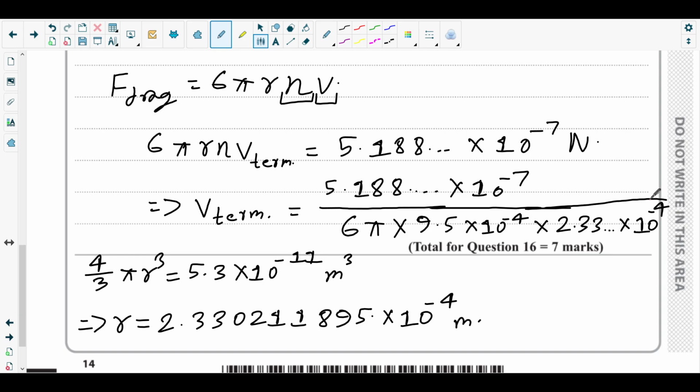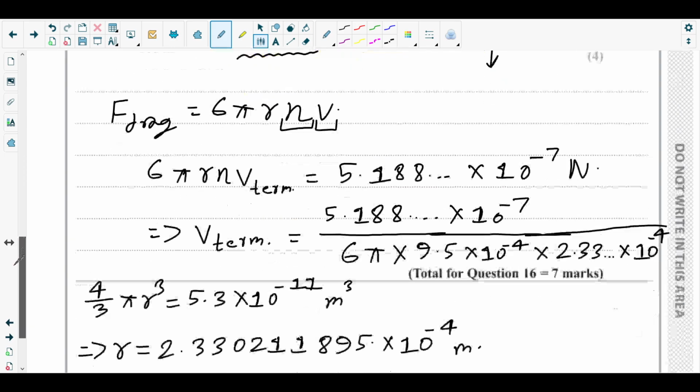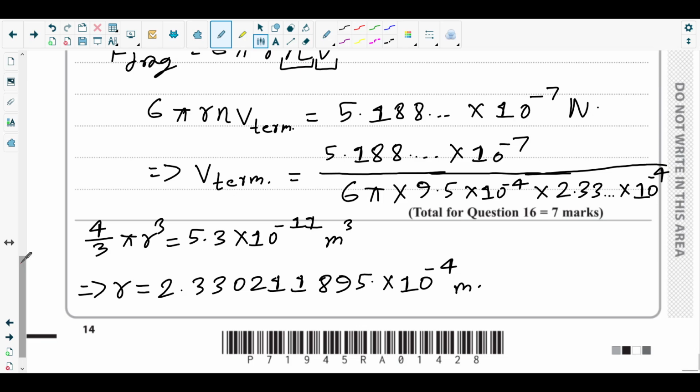Now calculate the value. In the numerator we have 5.1889014 times 10 to the minus 7.